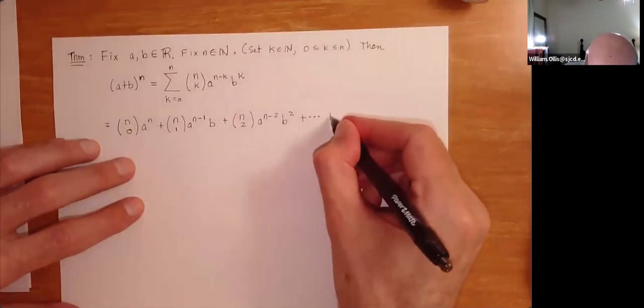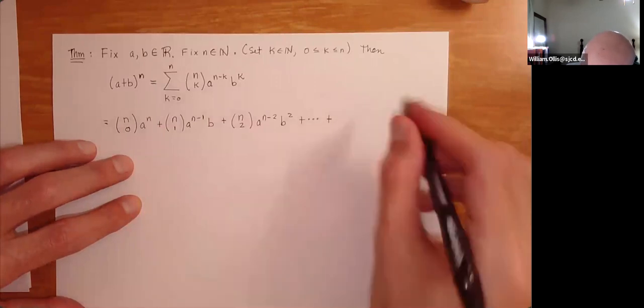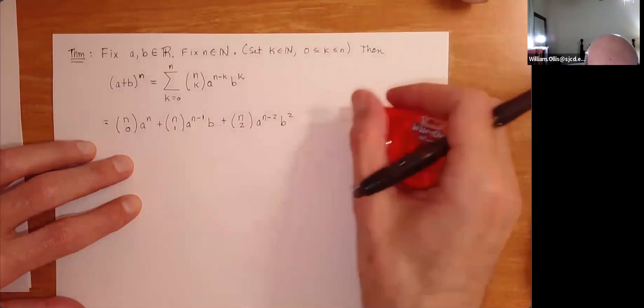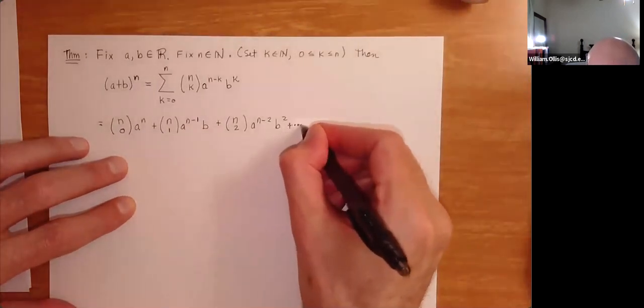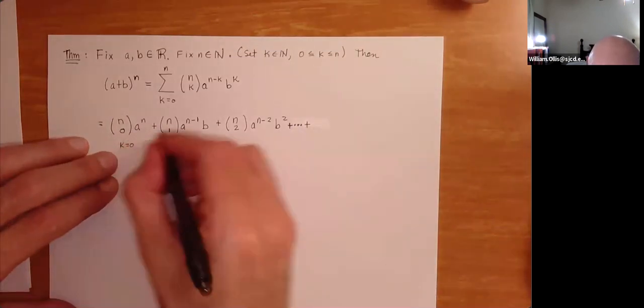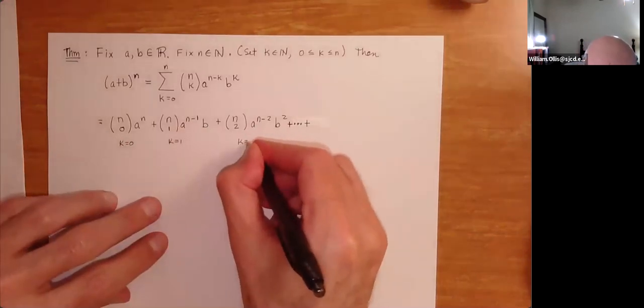Down to the very last one. Well, if you want, we'll just do N minus 1. Let me give a little bit more room here. So I'll go ahead and mark these out. K equals 0, K equals 1, K equals 2.